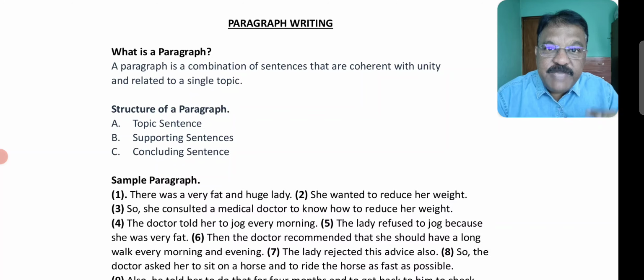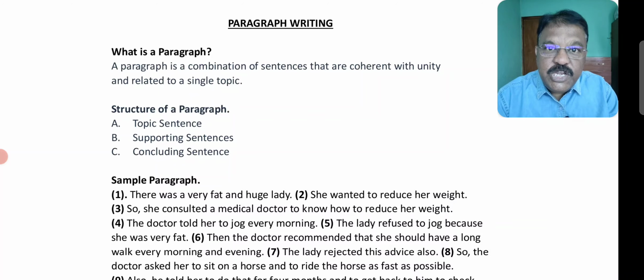Each sentence must be connected to one another. The link or the connection between the sentences is called coherency. Got it? So, all your sentences must be coherent. It means to say, in your paragraph, all the sentences must be connected to one another, must be linked to one another. That's it. And what is to say unity?